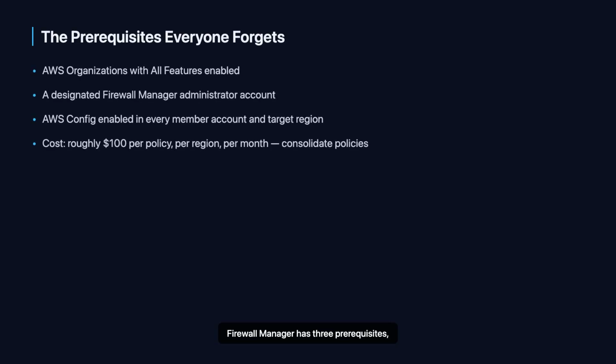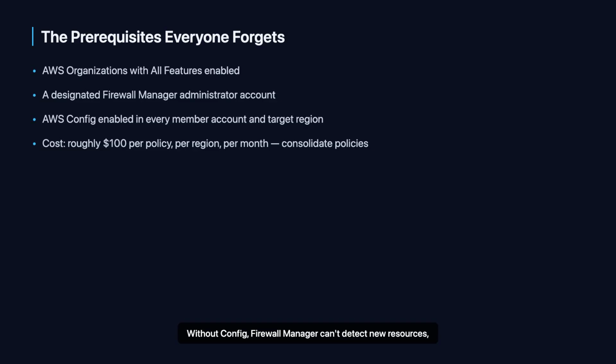Firewall Manager has 3 prerequisites, and one of them is famously easy to forget. First, you need Amazon Web Services Organizations with all features enabled. Second, you designate a Firewall Manager administrator account. And third, this is the one people miss. You must have Amazon Web Services Config turned on in every member account and every target region.